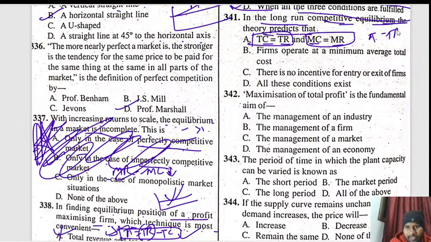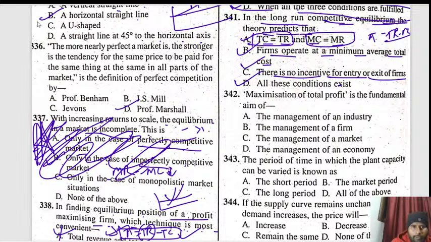Profit will be TR minus TC. Firms operate at minimum average total cost. There is no incentive for entry or exit of the firm. This is all right, all these can exist. But option A is in doubt because TR is not equal to TC. 341, it is D only. Okay, means all of these are correct.